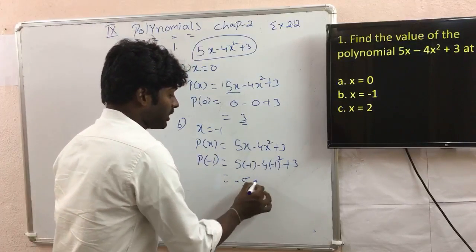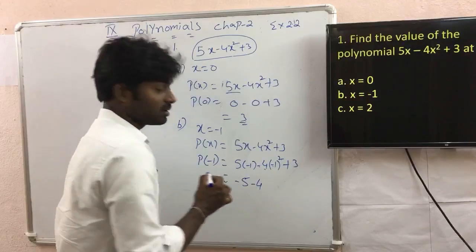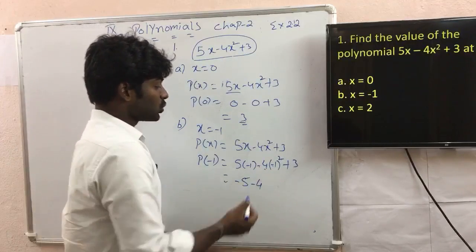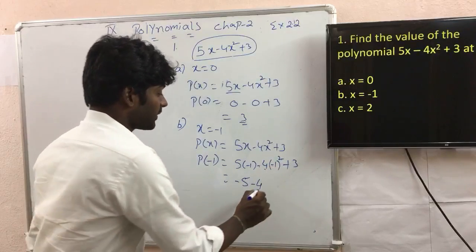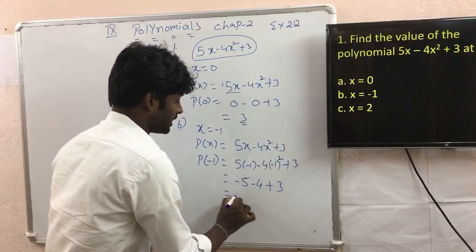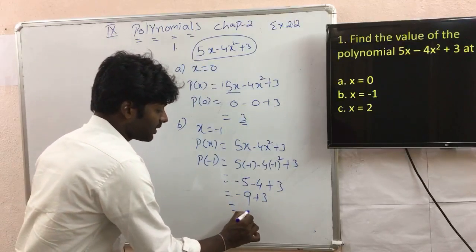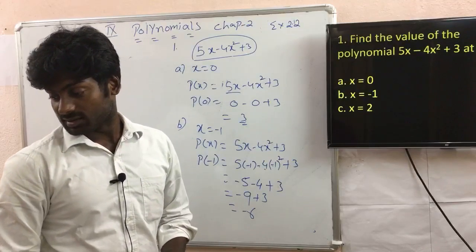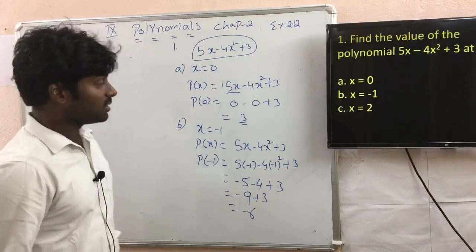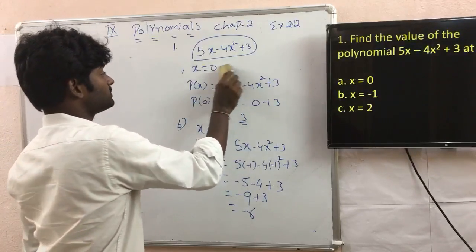So 4 into 1 is 4, and minus is here, so minus 4, because the square of any negative number is positive. Plus 3, you will get minus 9 plus 3, obviously minus 6 is the answer. This is correct.